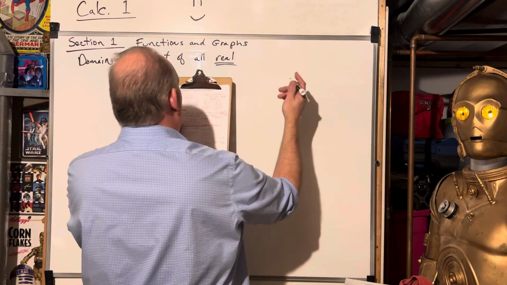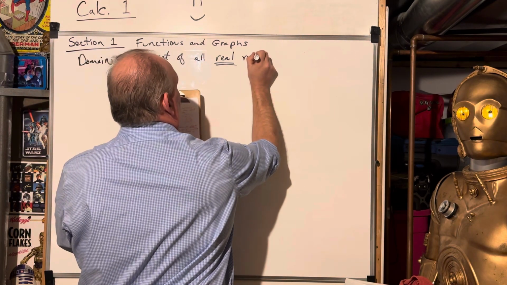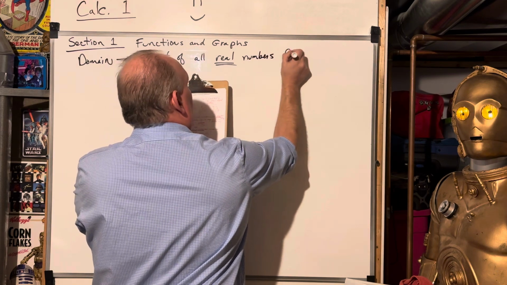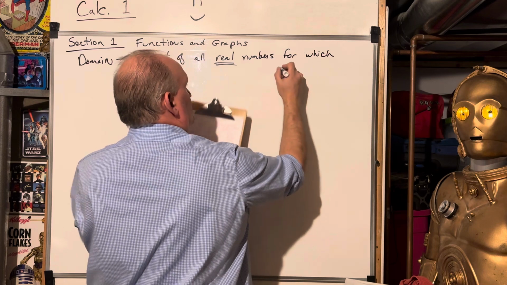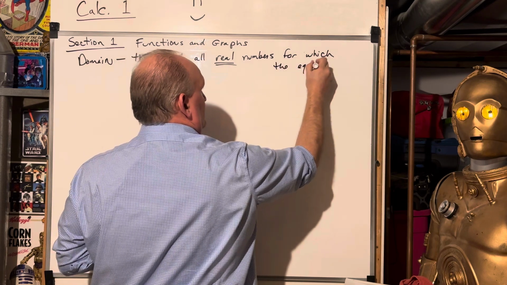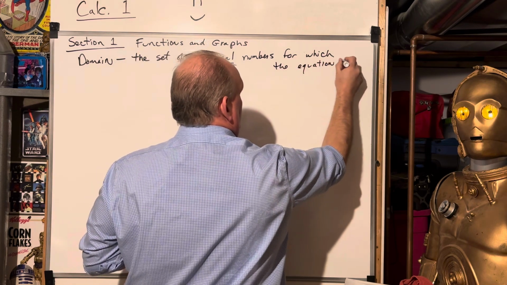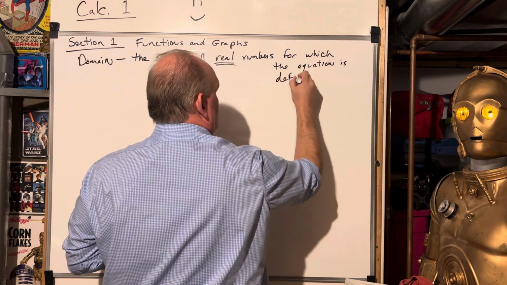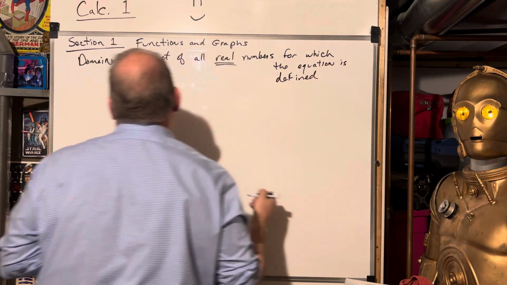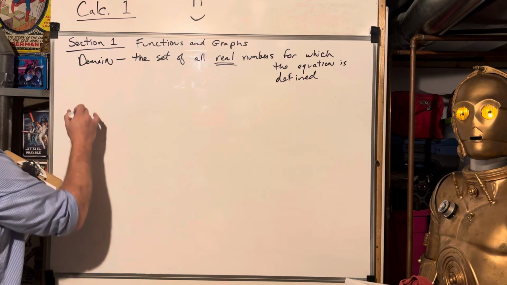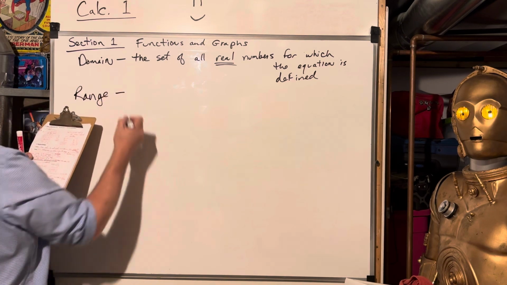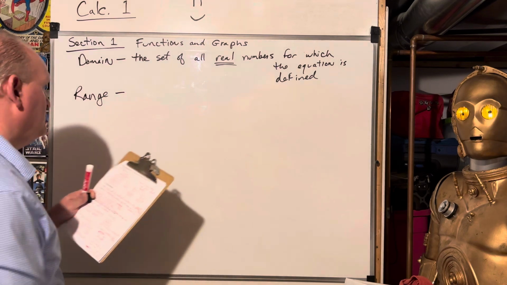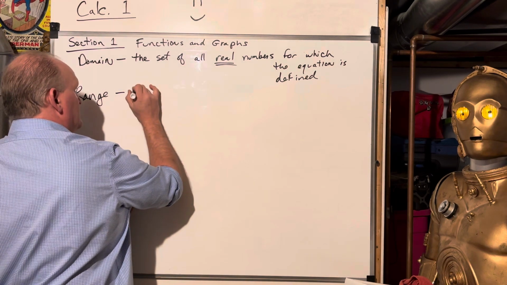So all real numbers for which the equation is defined. Now, a lot of times your domain is just all real numbers, negative infinity to infinity. The range is the corresponding y values that go with those x values.